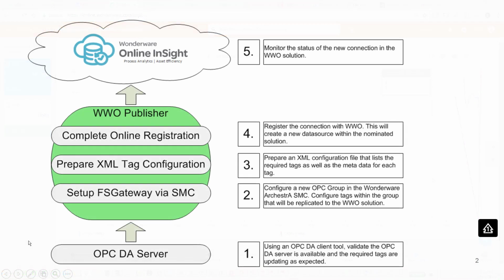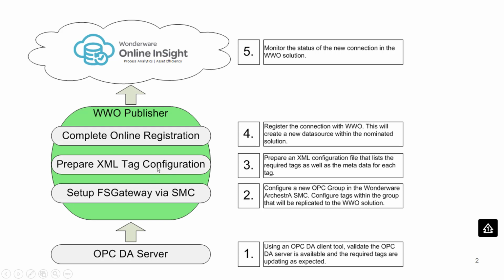Okay, as we mentioned before, we had the OPC server available to us. We then connected the FS gateway to a couple of the tags that were made available from the SCADA. We then configured the XML file and pointed them to the correct tags within that FS gateway.